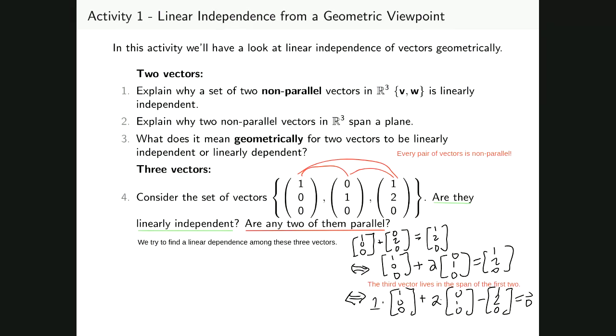Okay, so notice now we've got a linear combination of these three vectors. This linear combination adds up to 0, and it has non-zero coefficients.